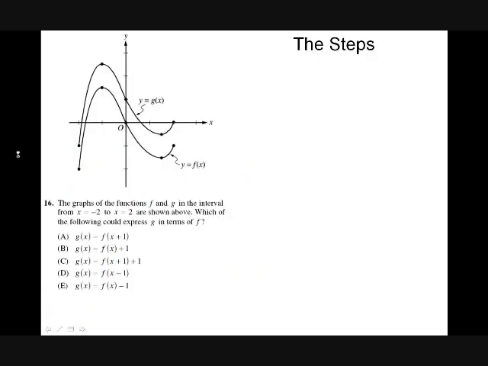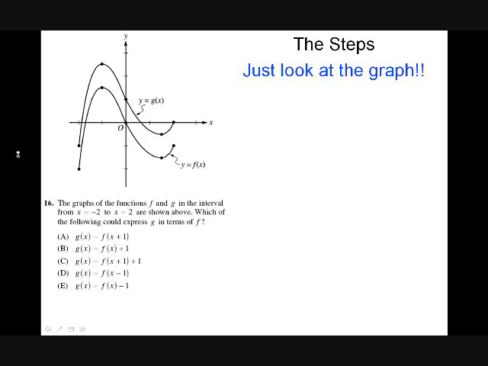Moving on to number 16. The graphs of the functions f and g in the interval from x equals -2 to x equals 2 are shown above. Which of the following could express g in terms of f? So let's just look at the graph. Me personally, I would look at the origin, and I would see that when f of x is at 0, g of x is at 1.